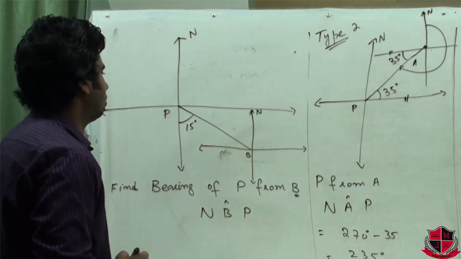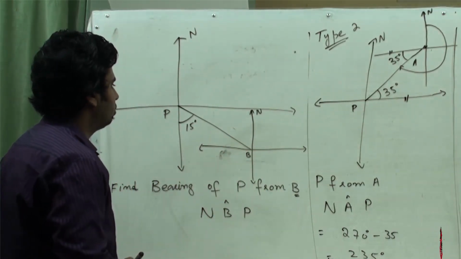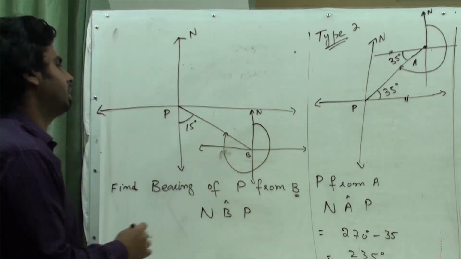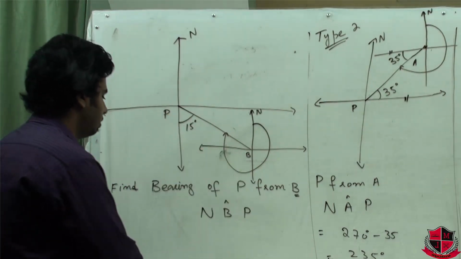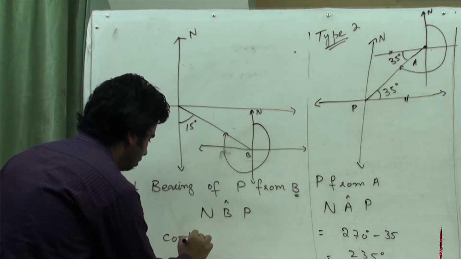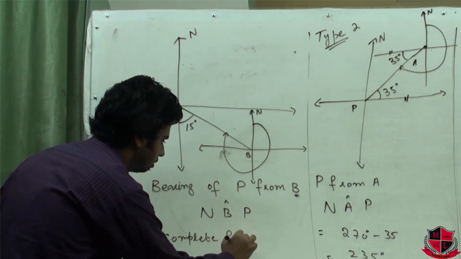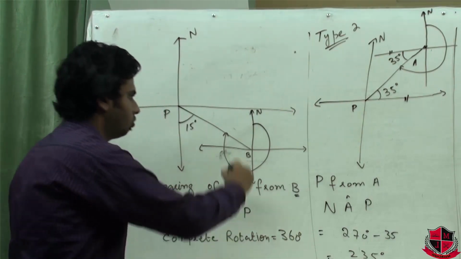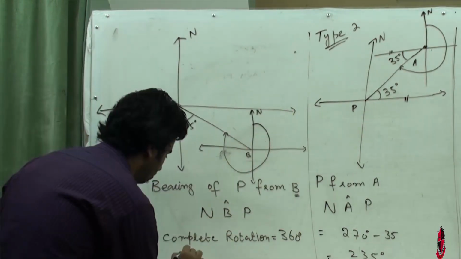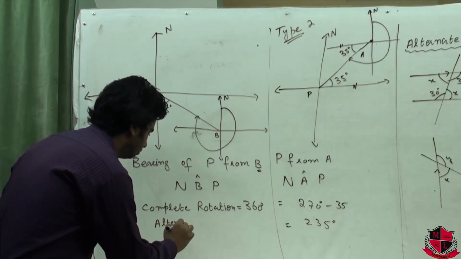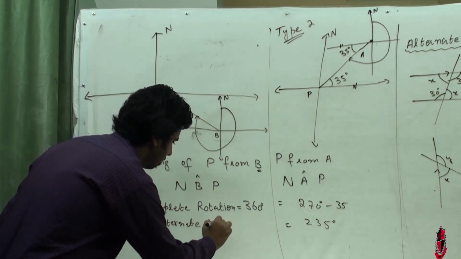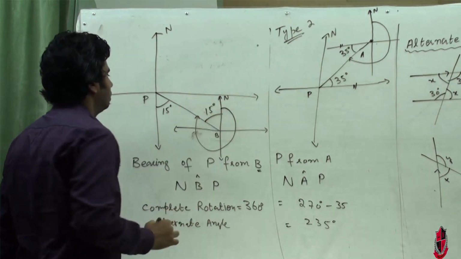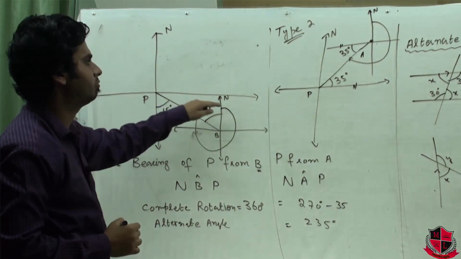So with the help of the alternate angle property, we need to find the bearing from N to P. We need to find this angle, and we know that a complete rotation is equal to 360 degrees. By the alternate angle property, this angle is 15 degrees.